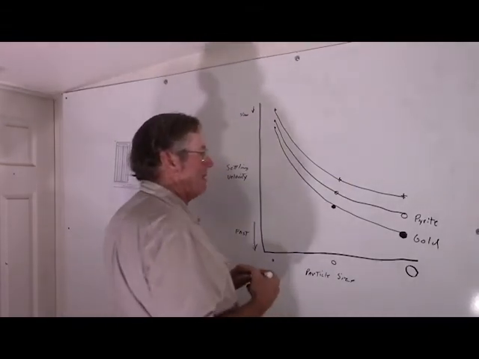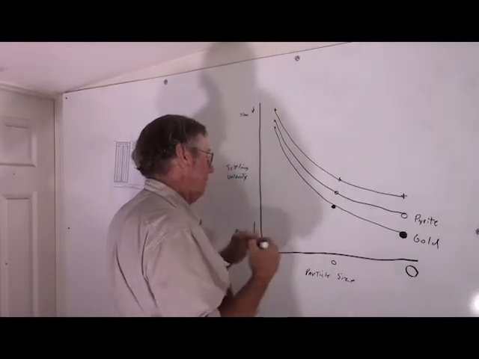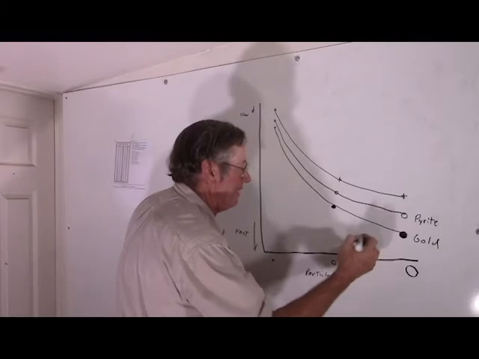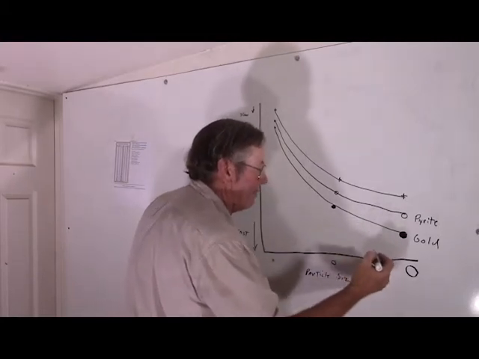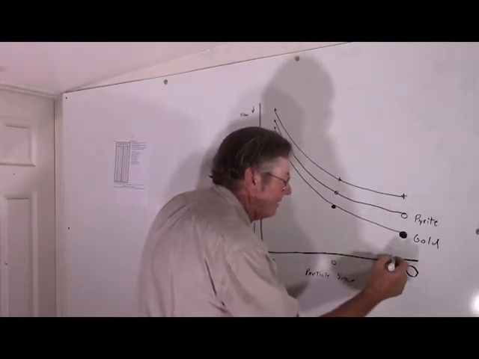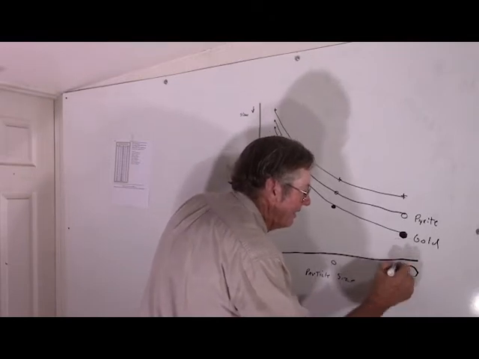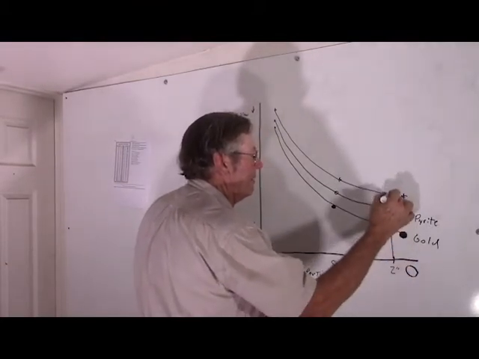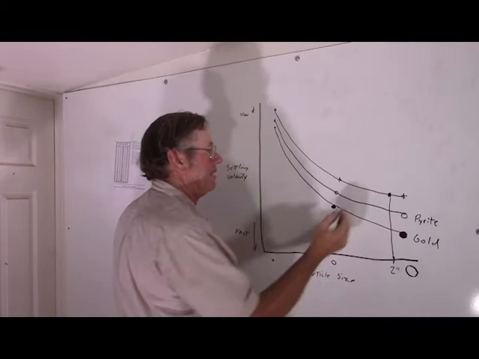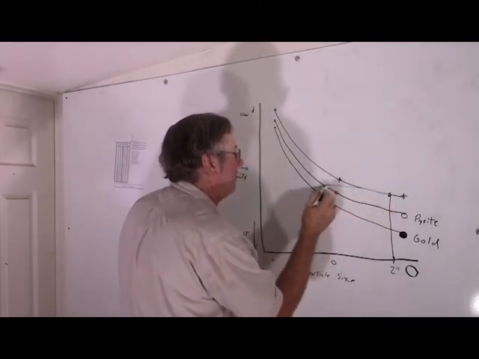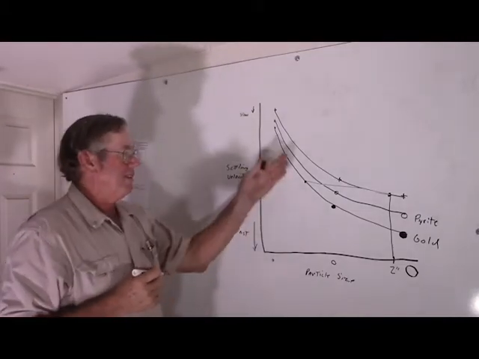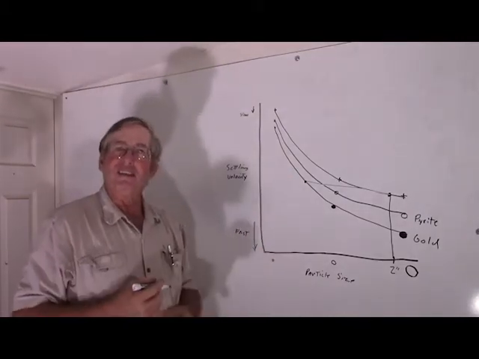Now let's pick a particle size. Let's say this is a sluice box, and you're running 2-inch material. So let's say this is 2-inch. Come up here, here's your 2-inch silica, and then come over here, and this is the size gold that is relatively easy to extract.